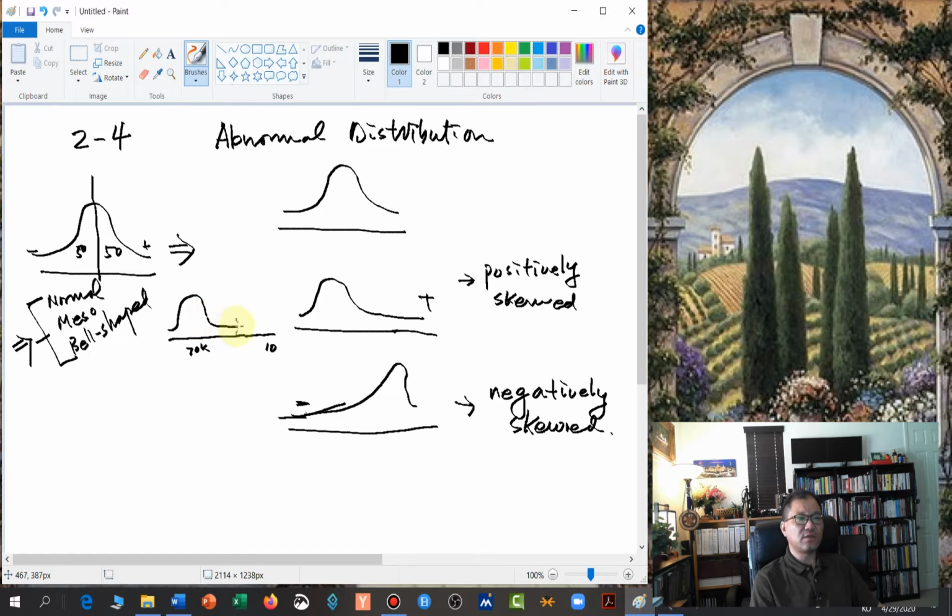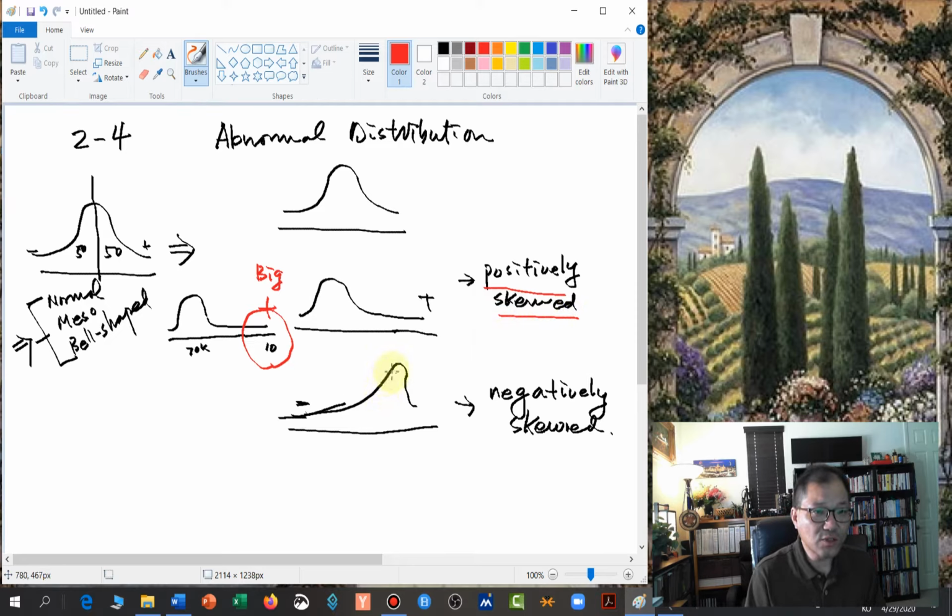So this distribution will be stretched all the way to the right side, or big numbers, right? In this case, this distribution is skewed out of the curve to the right side. Then this is called positively skewed.